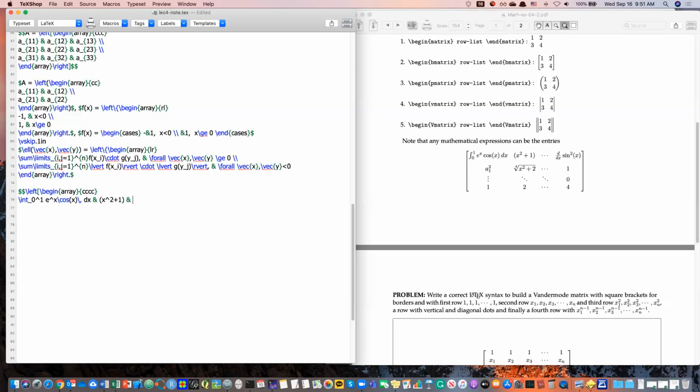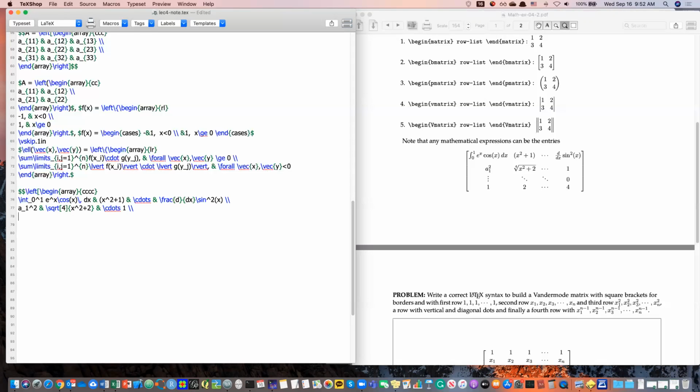And then triple dot is what? So c dots, right? And then a fraction is d frac, right? Dx, and then sine square x, the next row, right? A sub 1 square, then square root. This is the fourth root, so we put the 4 in the bracket, and then x square plus 2, and the c dots, and then 1.